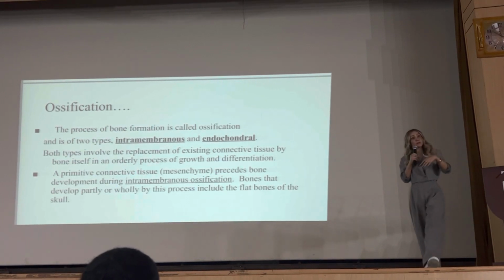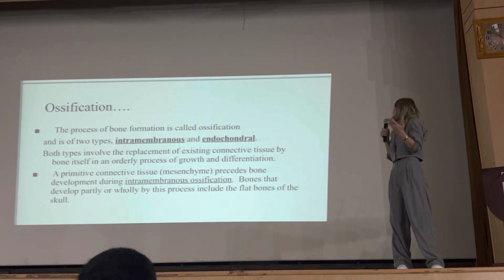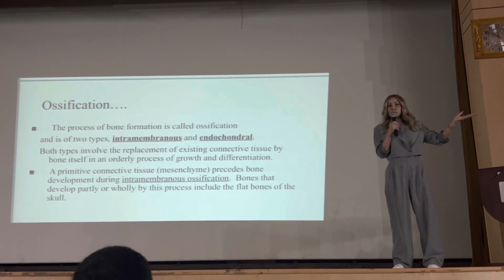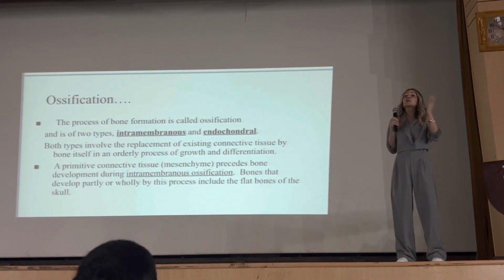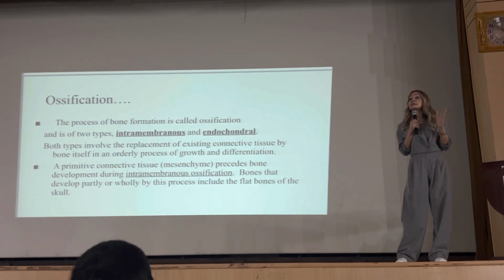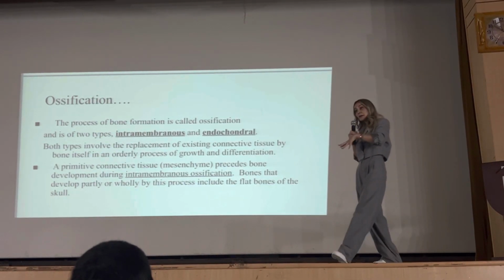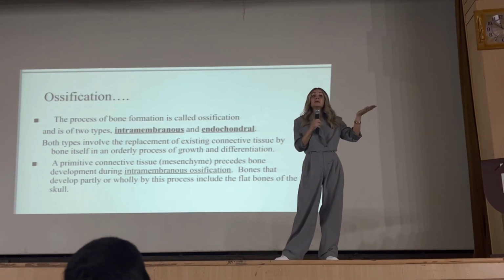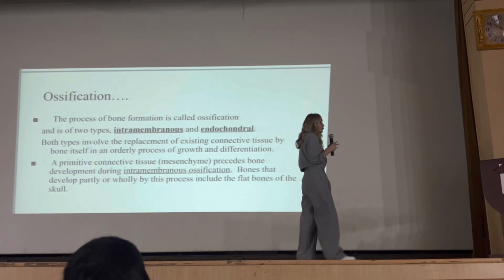What's the difference between intramembranous and endochondral ossification? Intramembranous is from primitive connective tissue, while endochondral is from a pre-existing cartilage. Intramembranous, for example, is the skull and flat bones, and endochondral is the long bones, the femur or humerus.